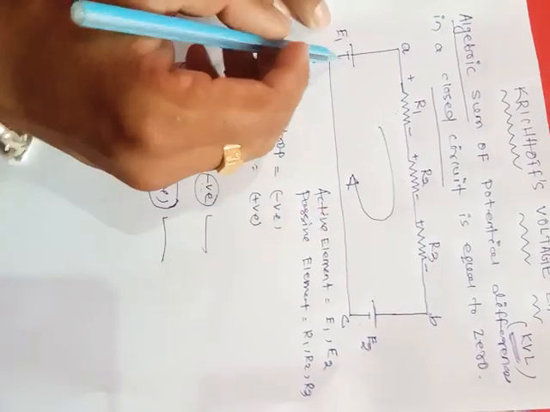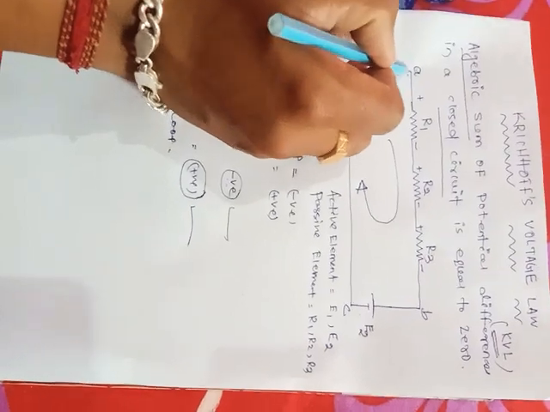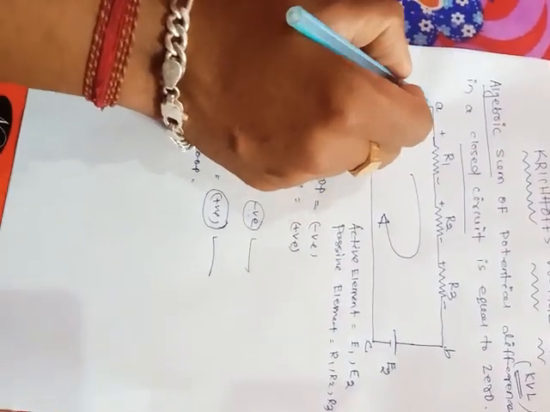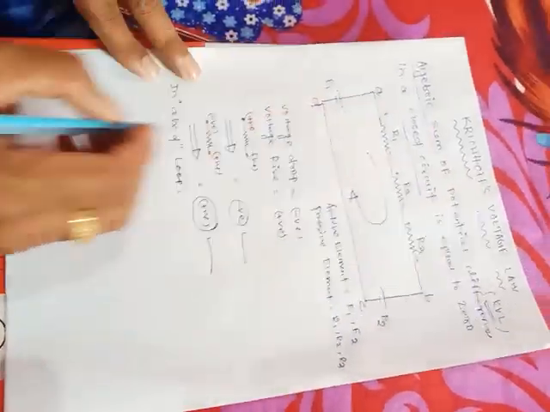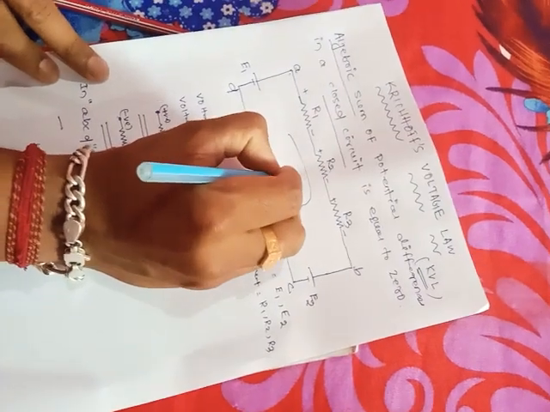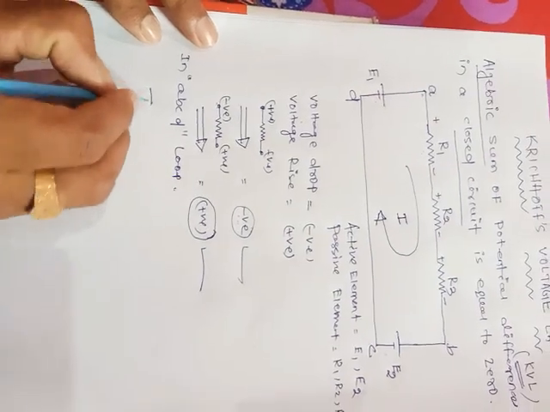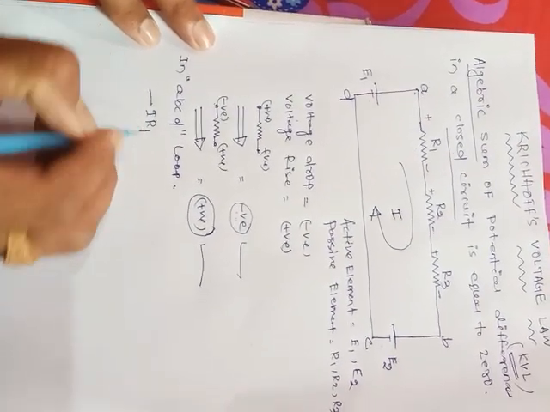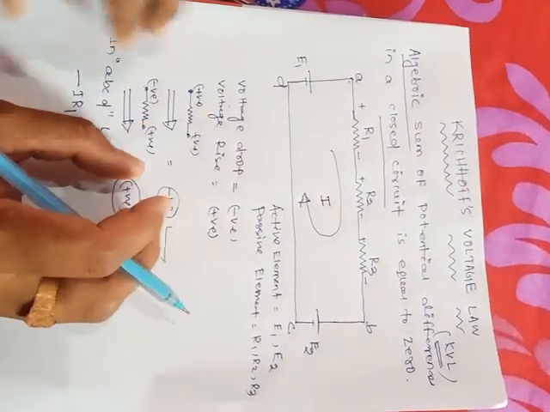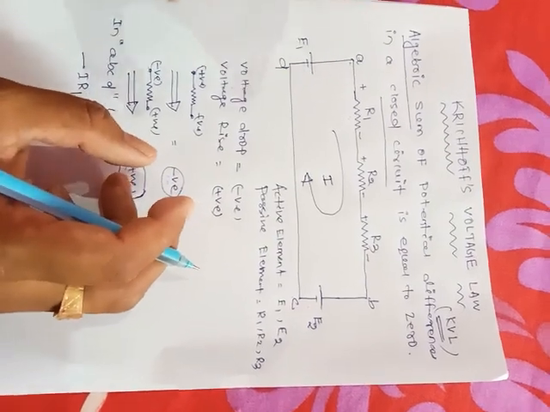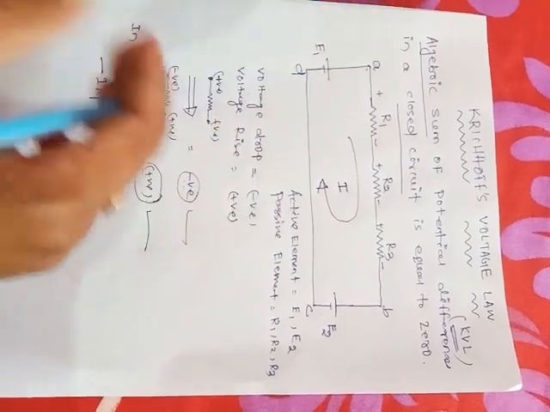If current flows from A to B, C, D and finally back to A, the voltage drop is as follows. Here the current is I. You know from Ohm's law that V equals IR, where V is the total applied voltage and IR is the voltage drop.